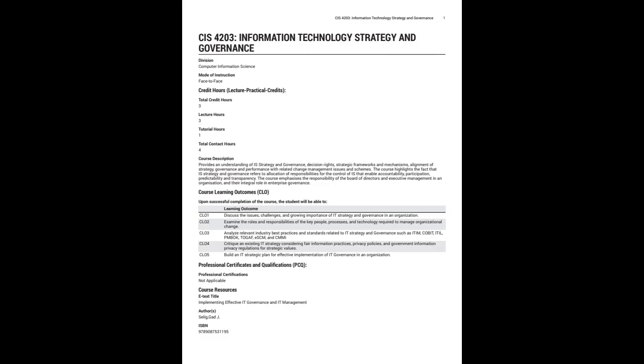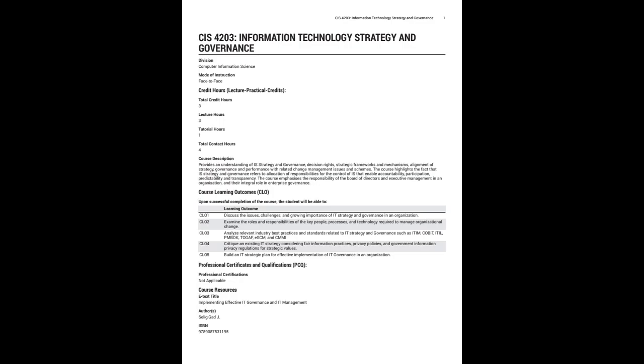CLO4 will be about critique. We will critique and give our opinion of existing IT strategy, considering the fair information practices. We'll have some case studies that we will study.